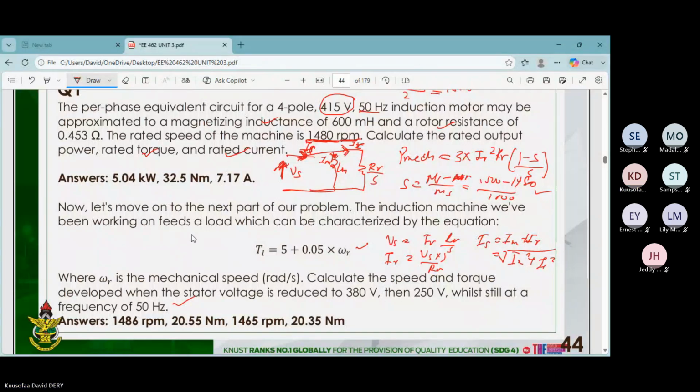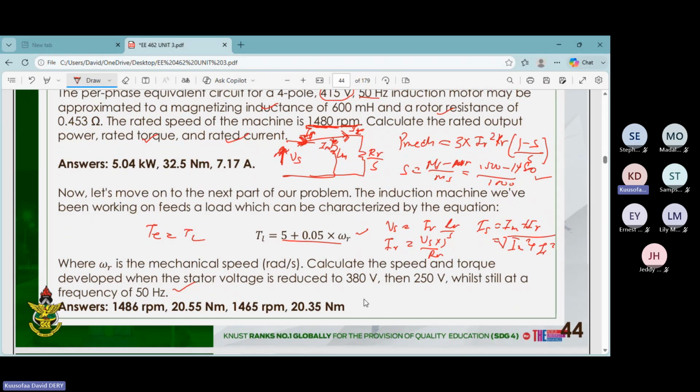We know that the motor torque must be equal to the load torque. So TE must be equal to TL. We already know TL. So what is TE? We saw that TE was given by this expression. TE is approximately equal to 3 times the number of poles multiplied by Vs squared over omega E squared RR omega slip.